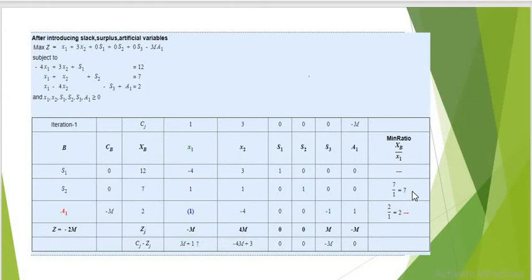Of these values, the minimum is 2. So corresponding to that 2, the variable a1 will be the leaving variable. Then that leaving row and the entering column intersect at the point 1, and that will be the pivot element.